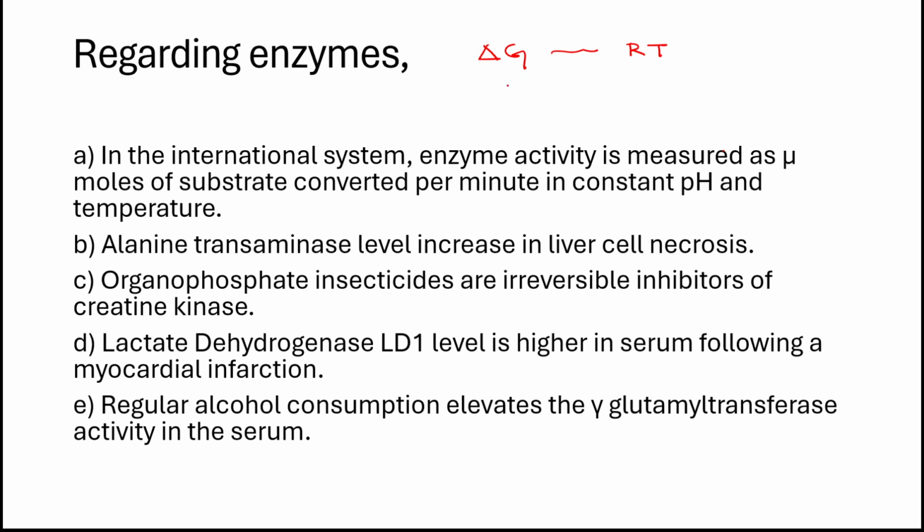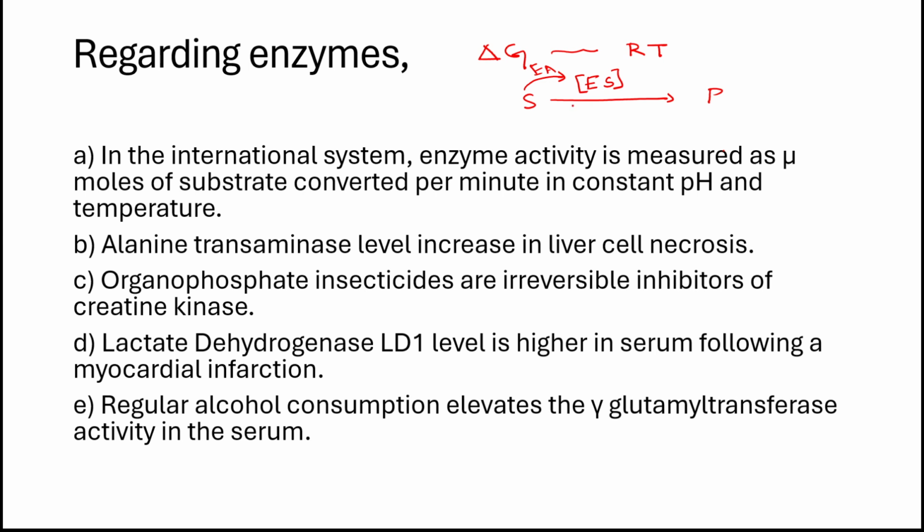For a reaction to take place, there is the necessity of the conversion of substrate to form products. During this conversion, there is the formation of an enzyme-substrate complex. For this, there is a certain activation energy involved.